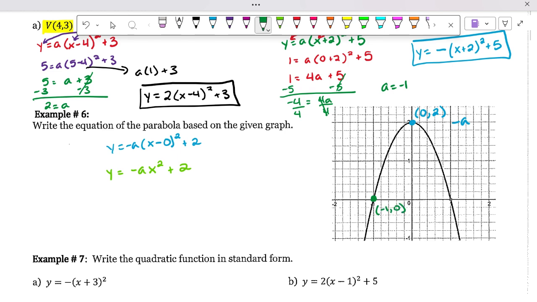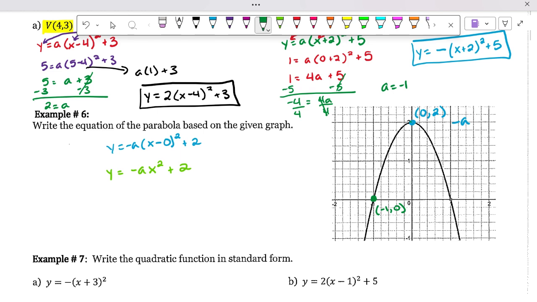So I'm going to look to see how far out I went and then how far down I went. Okay? Because remember, we would square how far out we went and then multiply it by whatever our scale factor is, and that'll give us how far down we go.